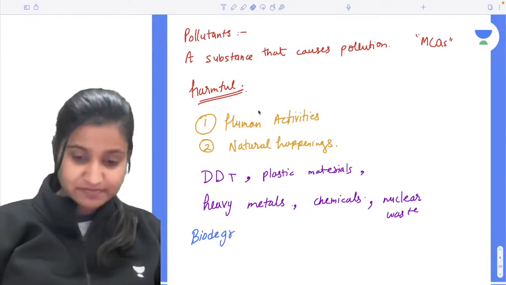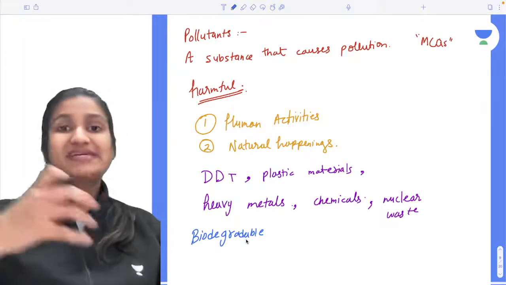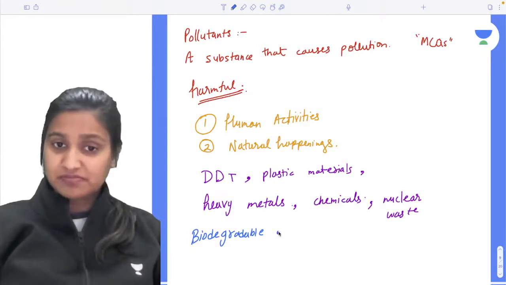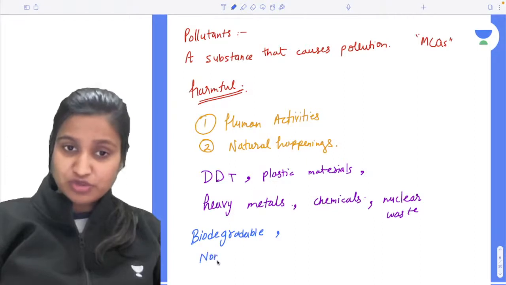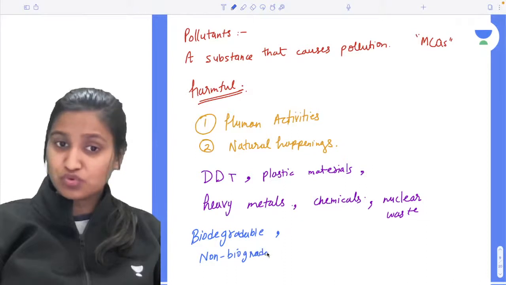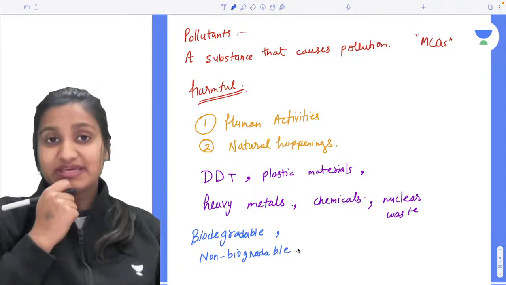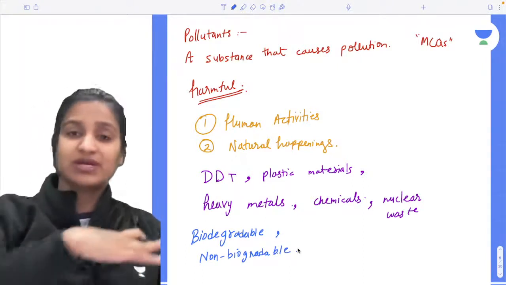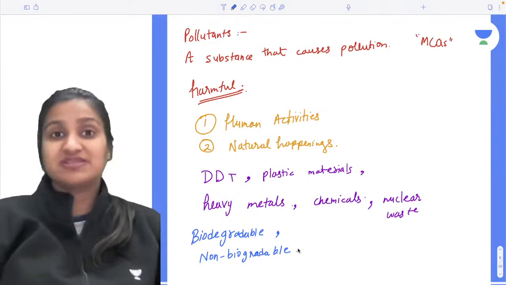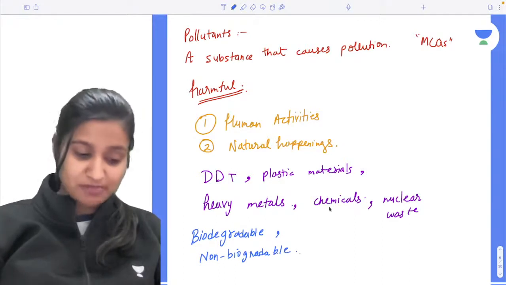You know already: those which nature can degrade and decompose by itself. We know that plastic is non-biodegradable. Even if it is stored beneath the earth's surface for millions of years, maybe even then it won't be decomposed. That is why we say that it is non-biodegradable.